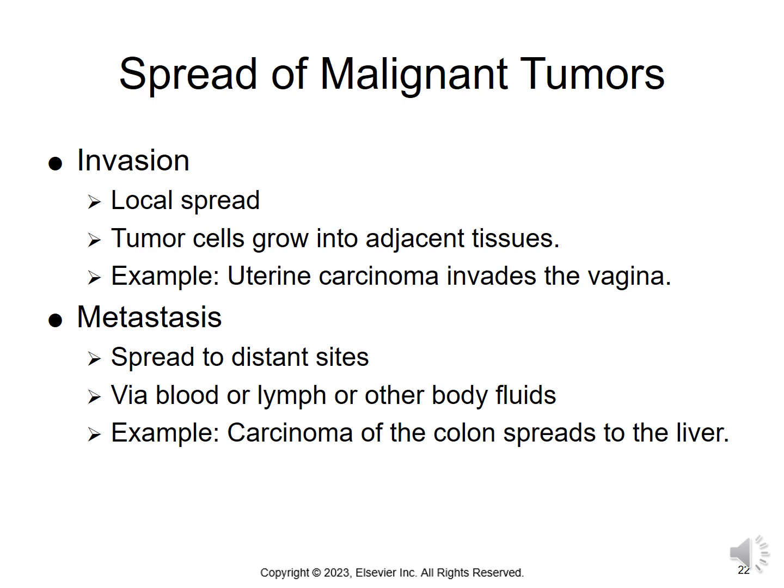Invasion refers to a local spread, where the tumor cells grow into the adjacent tissue and destroy the normal cells. The tumor cells are loosely attached to other cells and can secrete lytic enzymes to break down the tissue. The origin of the word cancer is Latin, meaning crab-like, a good image of an invasive tumor.